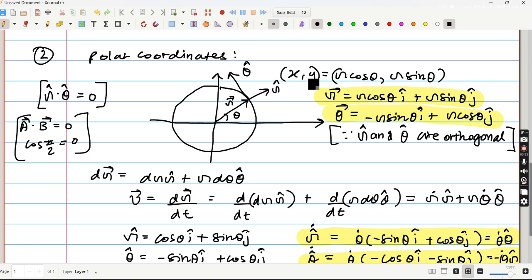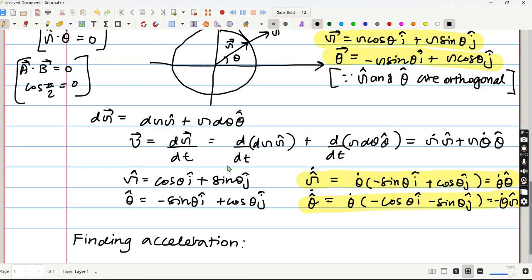So you just have to do the dot product. So you can dot r cap and theta cap, as I've written here, to find that they give 0.